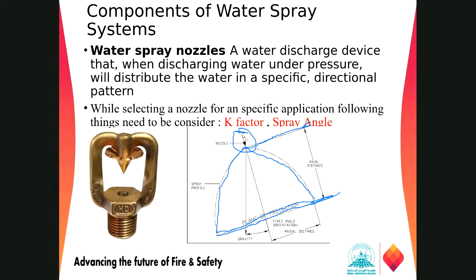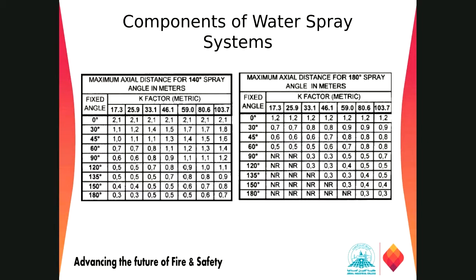But how big will the area be that is protected? This is another factor. If you can see this table, this is for 140-degree spray angle patterns in meters. So if your spray angle is 120 degrees, suppose how 120 degrees looks like. This is our y-axis, this is our x-axis. 120 degrees will be something like this.